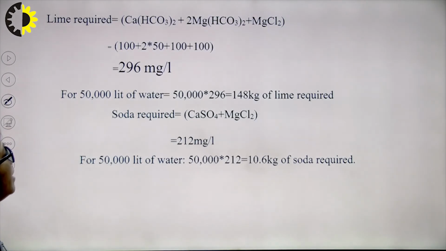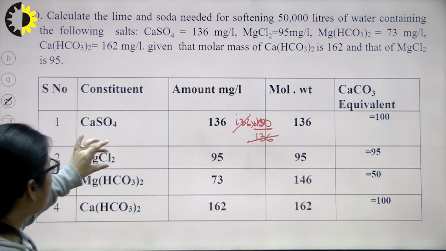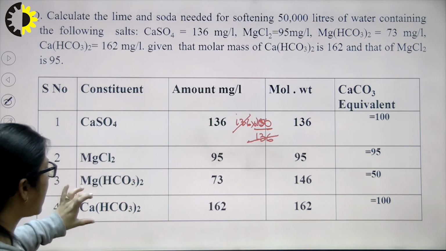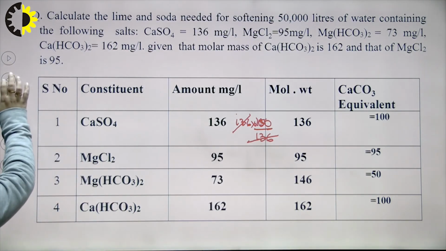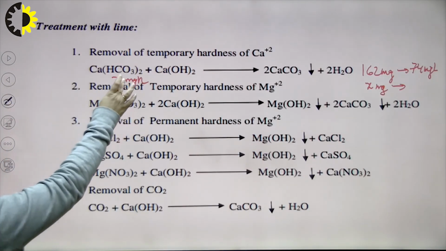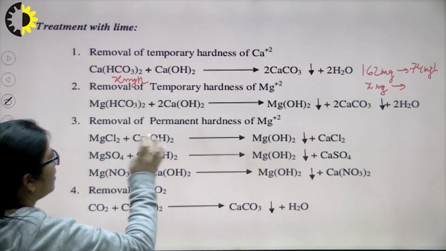And we are going to calculate the lime. Now, lime is required by the magnesium chloride. It is required for magnesium bicarbonate and calcium bicarbonate. How have we determined this? We have determined these from these equations. Calcium bicarbonate requires lime, magnesium bicarbonate and magnesium chloride require lime.